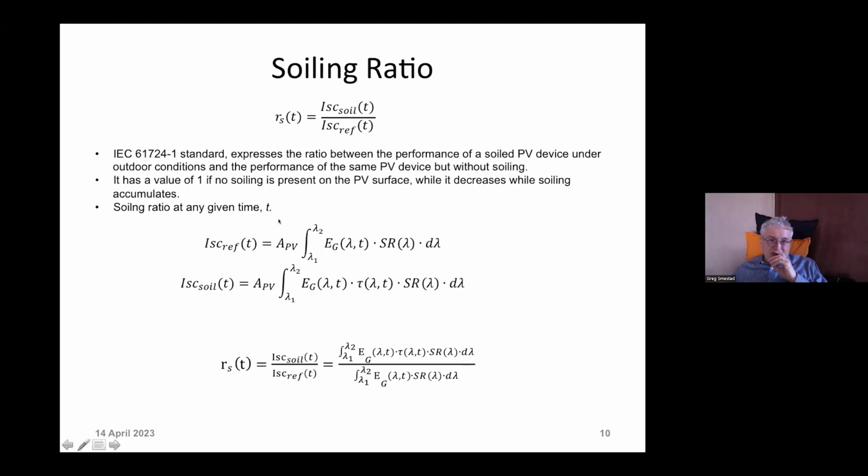So this is, of course, a function of time. And we call this a time series when we look at the soiling ratio as a function of time. And I believe that Leonardo Micheli will talk a little bit about these. So each one of these currents here, we can talk about the current density, and this I becomes a J. It's the same thing.